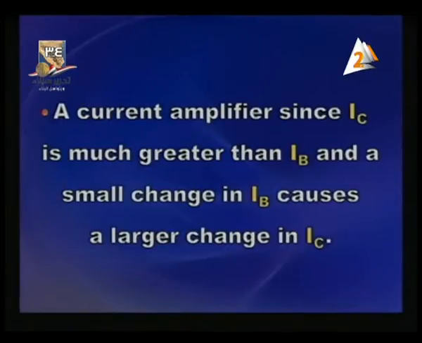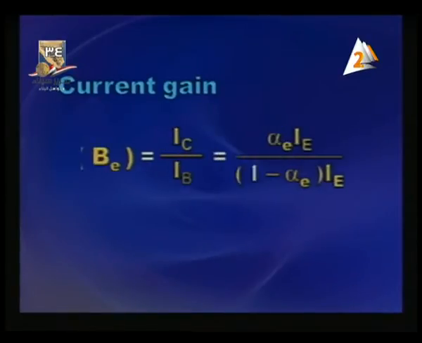The transistor can act as a current amplifier. How? Since IC, the output current, is much greater than the input current, I base, a small change in the base current will cause a larger change in the collector current. So we've got a current gain.